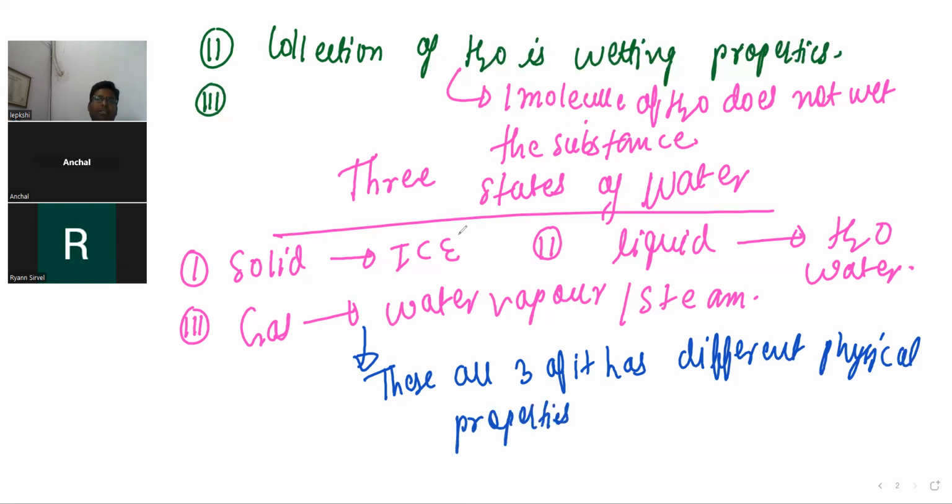Ice exists in the solid form, water exists in the form of liquid, and water vapor exists in the form of gas. So these are the different physical states of water, right? Now see the next.